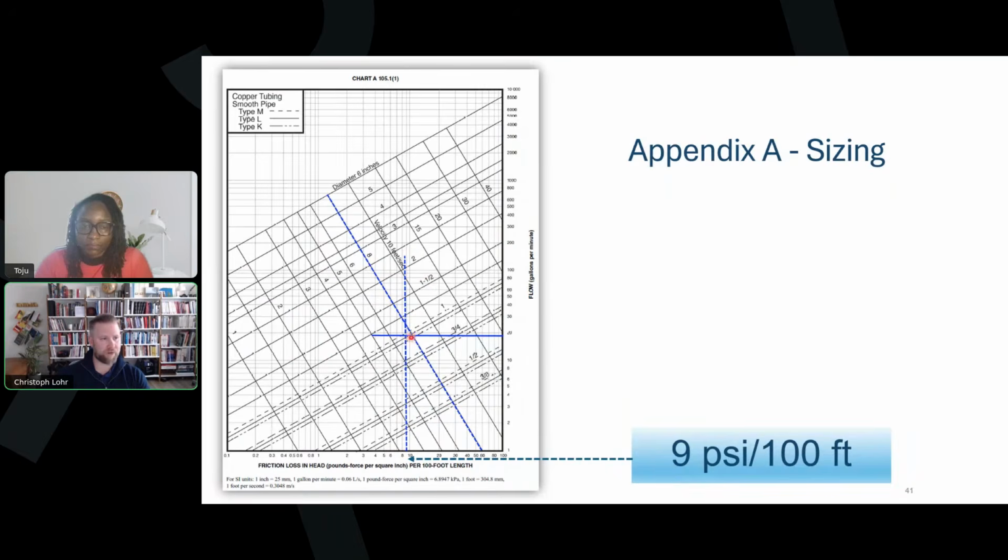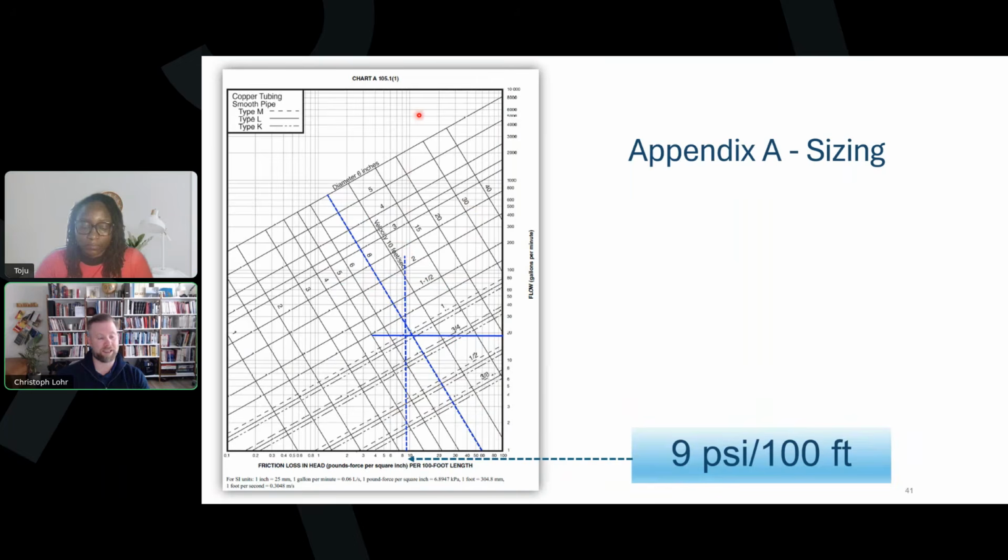Now, one thing to note, velocities, which are these negative slope lines, cut across multiple PSI per 100 lineal feet. So it is important, based on the pipe material, and in this case we're going to assume copper, to not go into this area of velocity. So again, you can see here, with 9 PSI per 100 lineal feet, you can get pretty high up there.